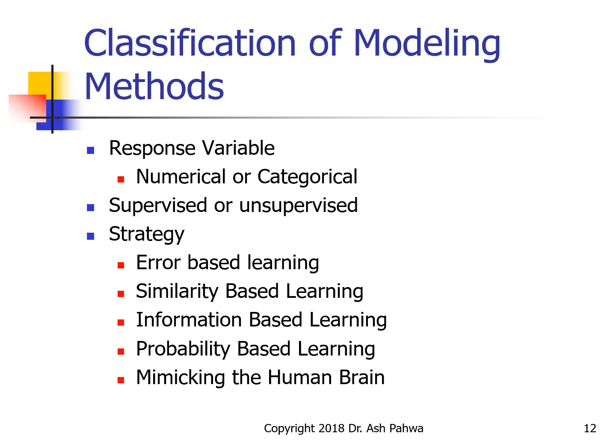The strategies could be error-based, similarity-based, information-based, probability-based, or mimicking the human brain. So we are going to study three different criteria: response variable, supervised or unsupervised, and the strategy.